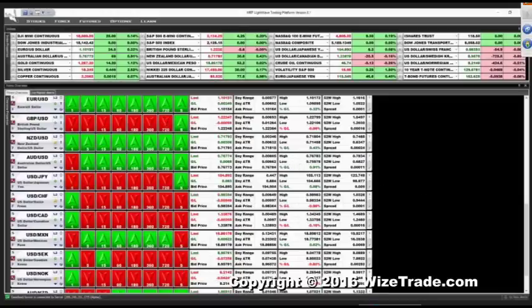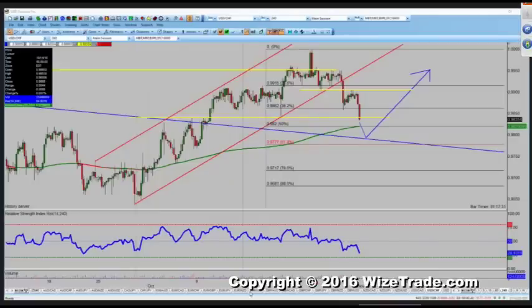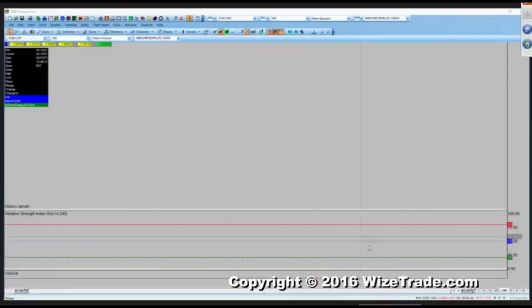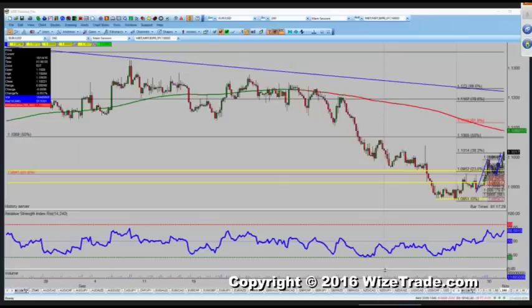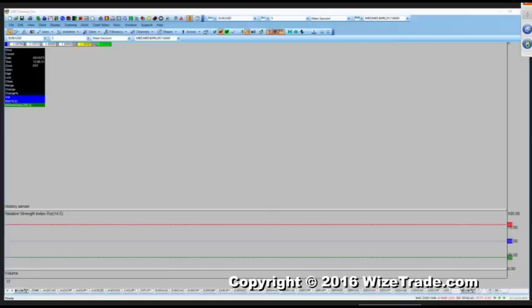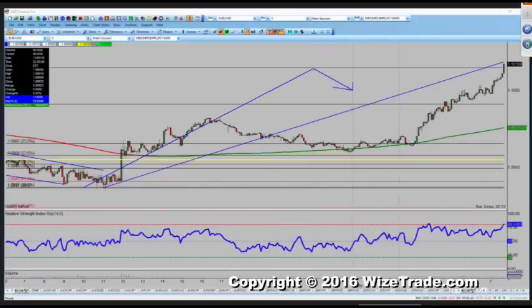The euro dollar, remember, we're finding that resistance right here at the 38% retracement. Trying to break higher though. It's trying. This euro is pretty stout.